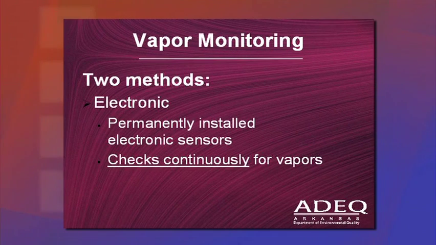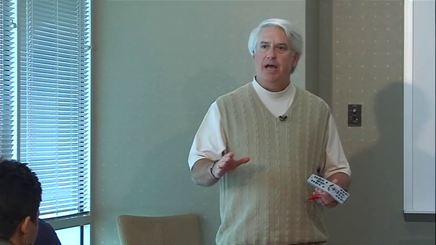If you have 4 or 5 vapor monitoring wells at your site, to use this form of release detection you have to pull an air sample out of each one of those monitoring wells at least once a month. So if you've got 5 wells, you've got to go through all 5 of those wells.